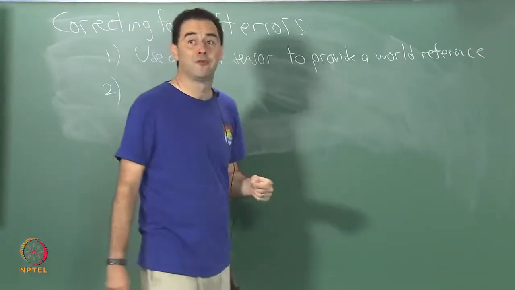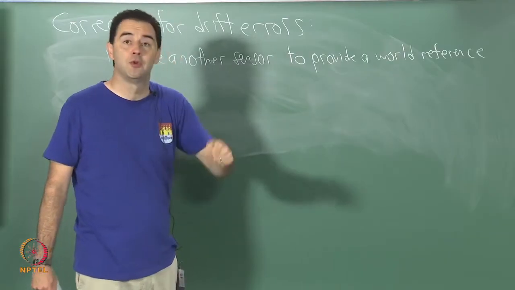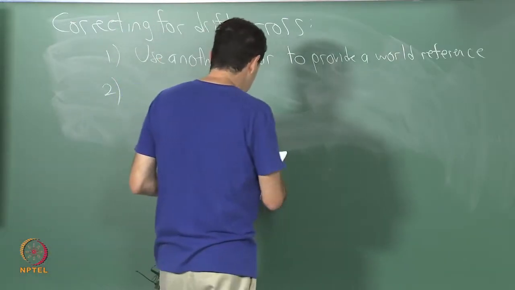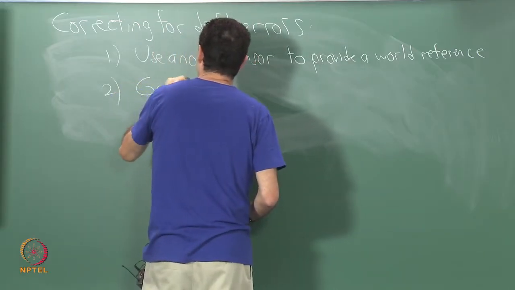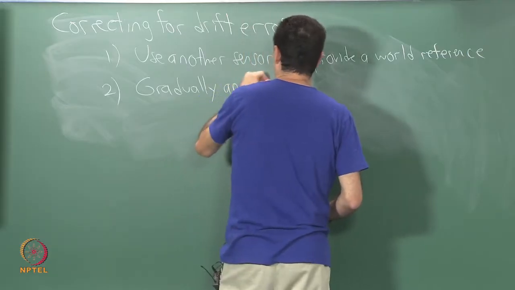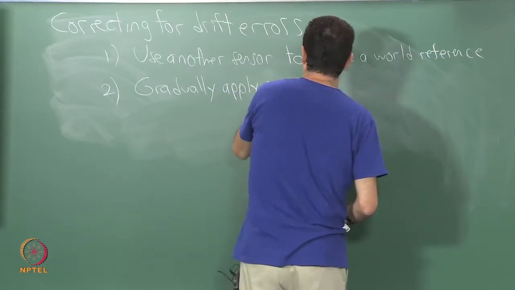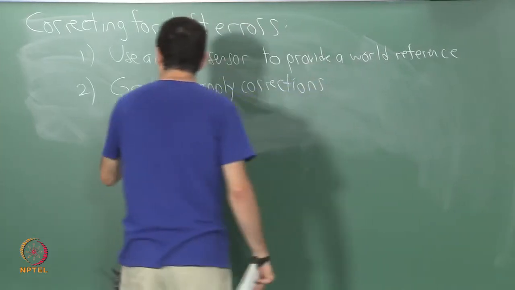So in other words, some kind of reference information with respect to the world frame as the body is rotating, taking its measurements from its body frame. And then we want to somehow gradually apply corrections. And this is a difficult problem.